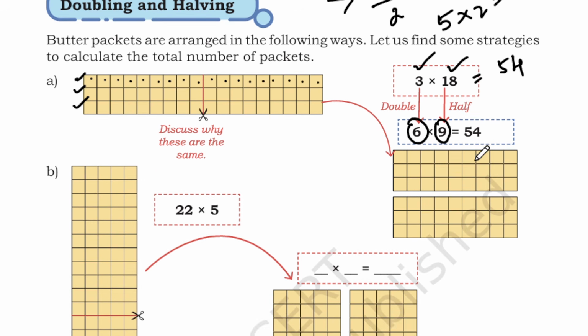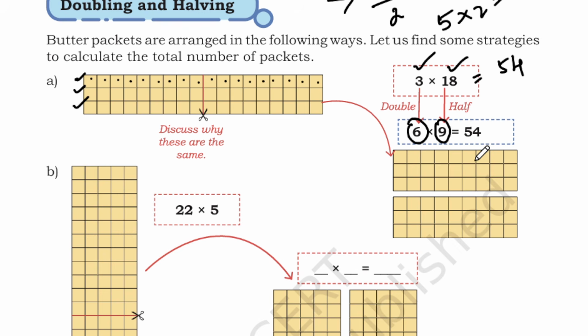Again they have given another sum here. So here we have 22 into 5. First what we are going to do, we are going to take this 22. What is half of 22?